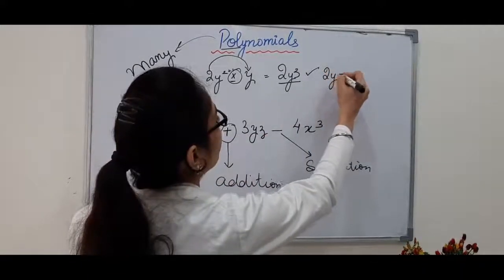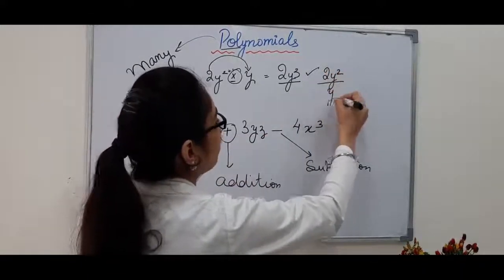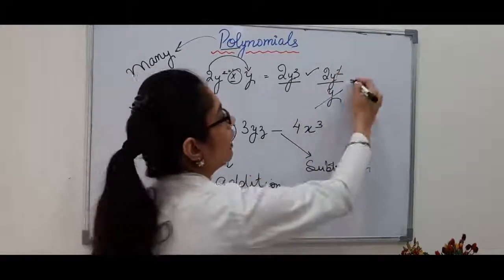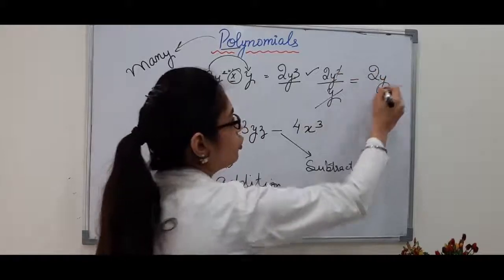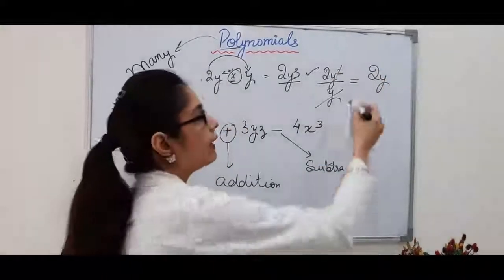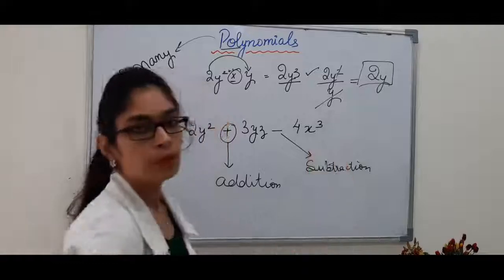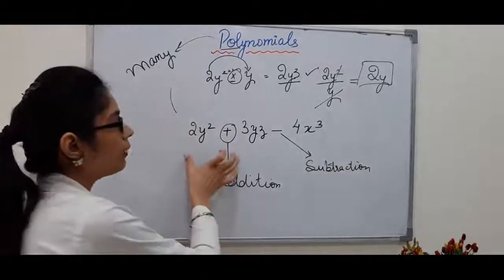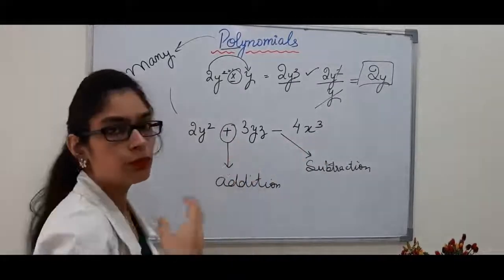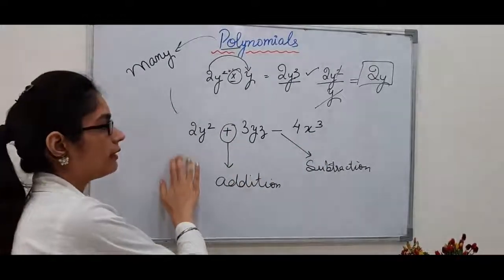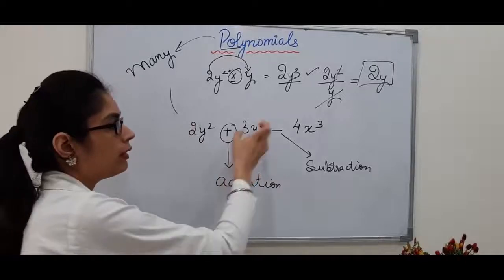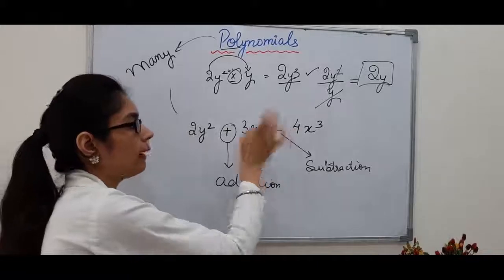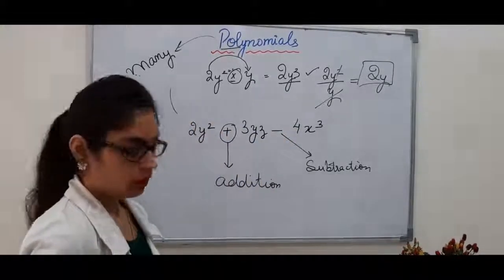Now 2y square, if I divide it by y, one y will get cancelled with one y. So I will be left with 2y, which means again I am left with only a single term. I am not getting a polynomial. So whenever you are writing many algebraic expressions together, you have to write either an addition sign or a minus sign. Only then will you get polynomials.